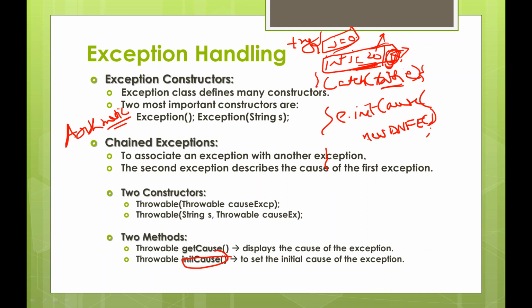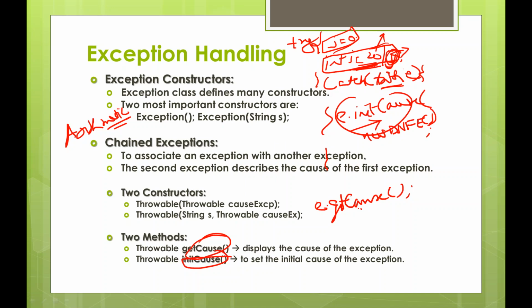In such case, what exactly happens is the arithmetic exception is caught. If you are not sure what exactly is happening, then you can use this particular method, getCause. Whoever is catching this can call getCause.